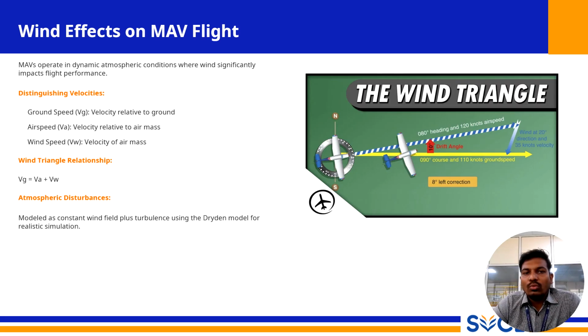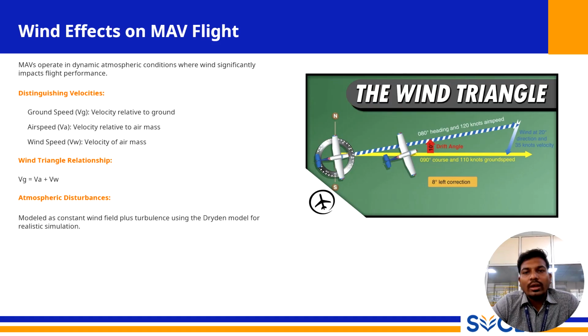Vg is equal to Va plus Vw. The diagram of the wind triangle on the slide illustrates this perfectly. An aircraft wants to travel along a 90 degree course at 110 knots ground speed. However, there is a strong wind blowing.